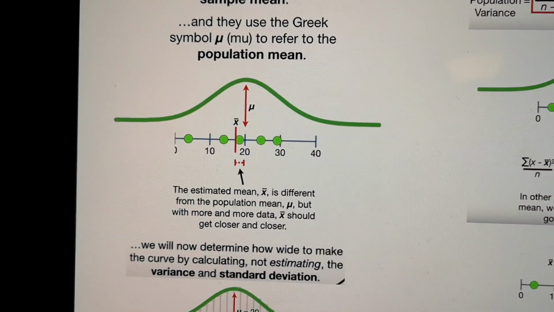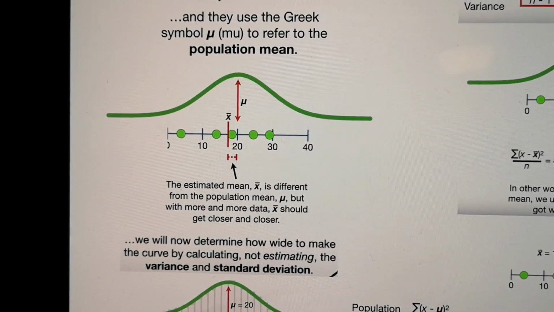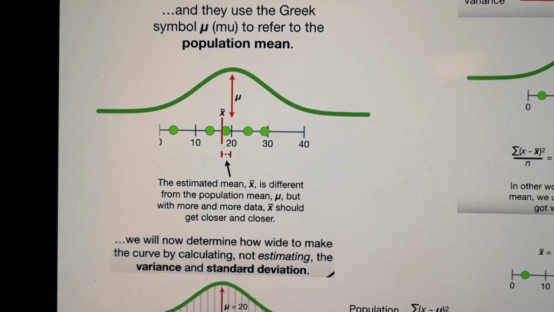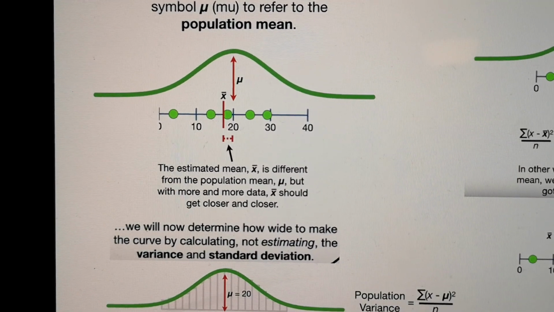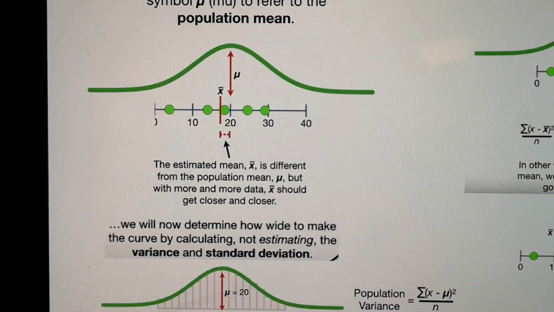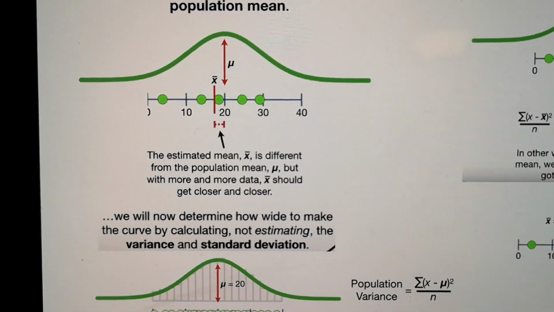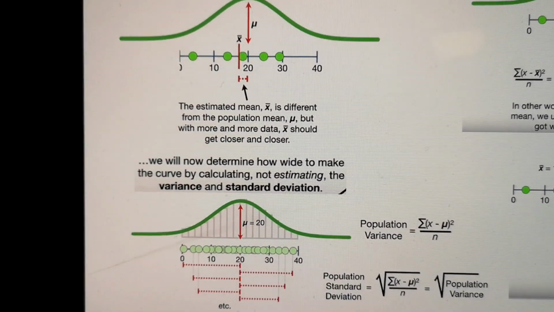The population mean, mu, is different from the sample estimate x bar. But with more and more data, x bar should get closer and closer to the true population mean.